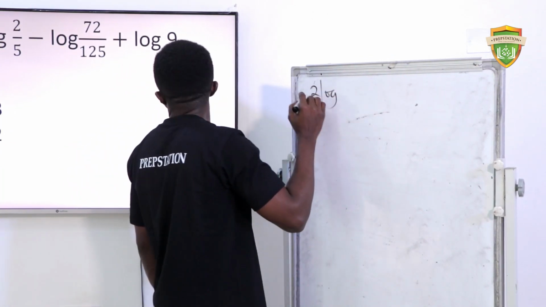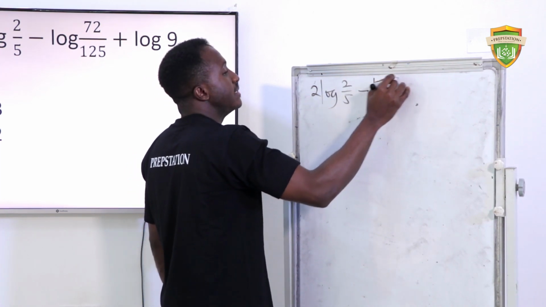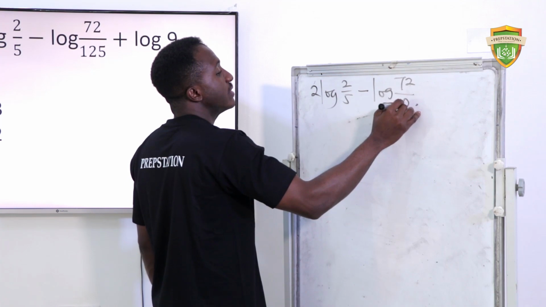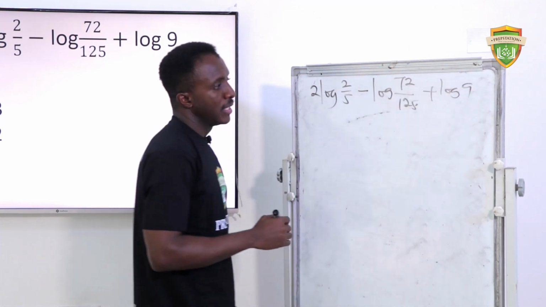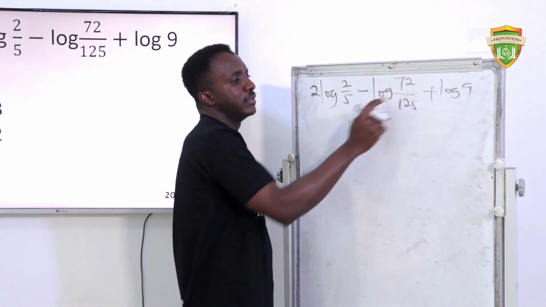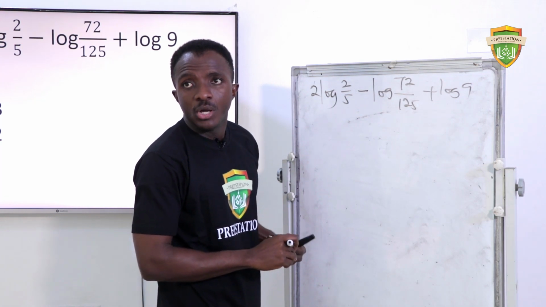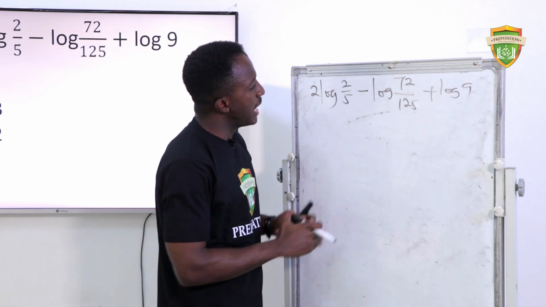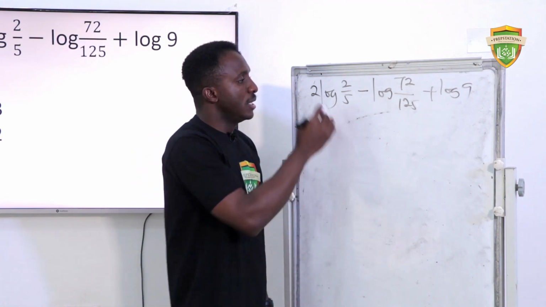So we have 2 log 2 over 5 minus log 72 over 125 plus log 9. Now take note, no base is given. When no base is given, it simply means it's the same base, base 10 most times. Now we have this.